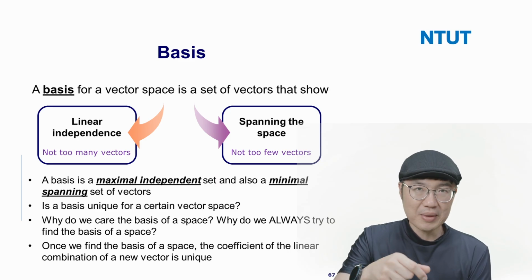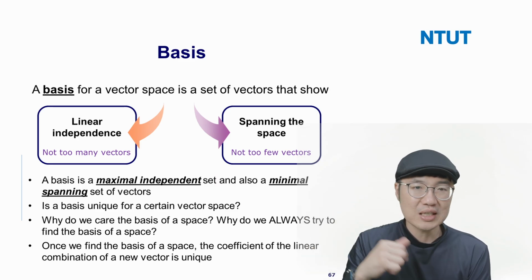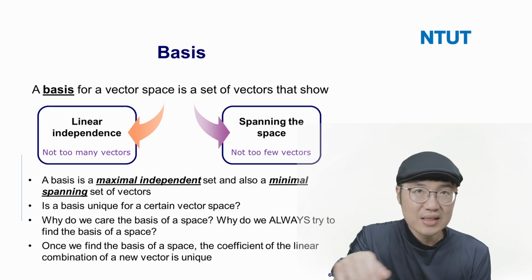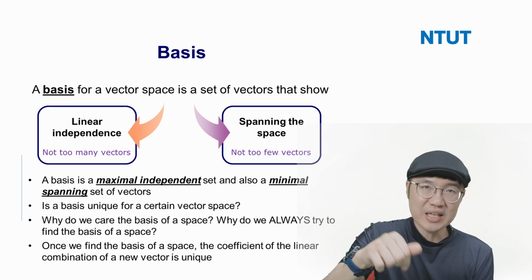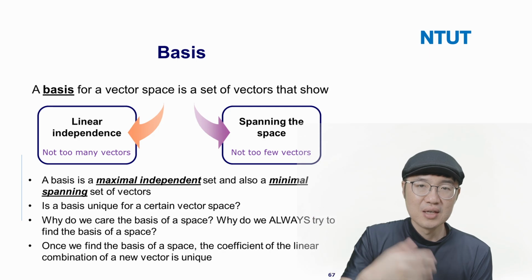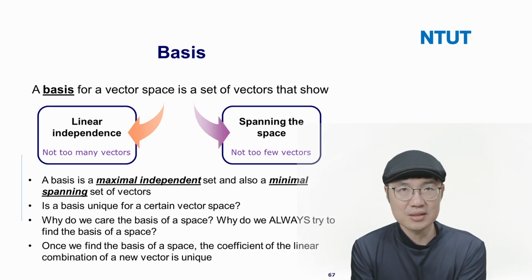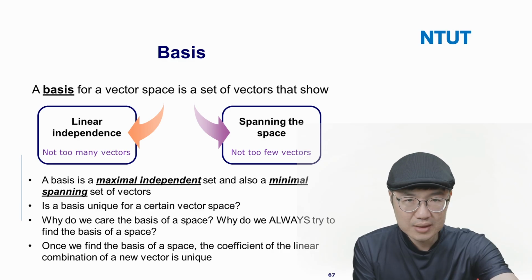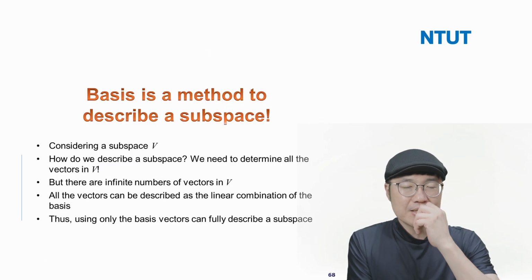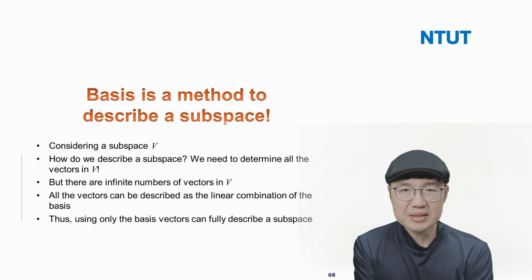So you find the basis, you find the whole subspace. And the basis contains only independent vectors. So that's the correct way to present a subspace. My point is, a basis is a method to describe a subspace.